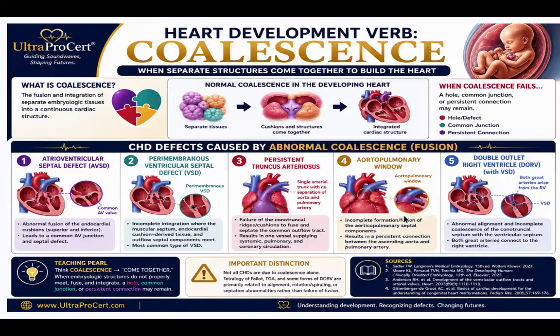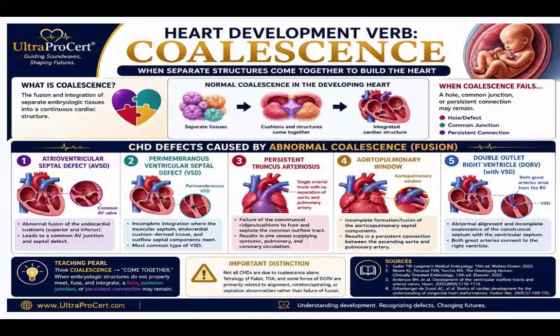Now, aortopulmonary window is pretty rare, but it can still happen, and that's due to an error in this step. That's where you see a connection between the aorta and the pulmonary artery. And then lastly, double outlet right ventricle, with a VSD.